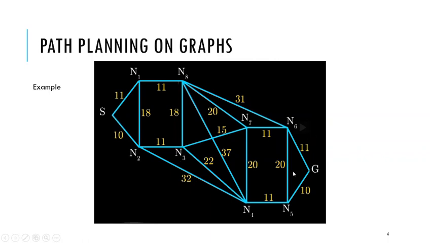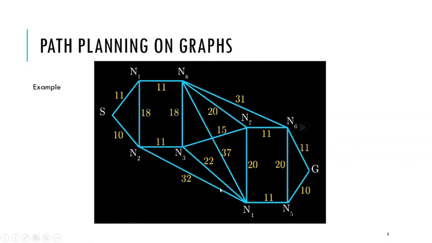So the weight is the cost of an edge. Whatever is written there is the weight, the cost of this edge. The cost of an edge is associated with what it costs the robot to move along that edge. So what does this mean? If your robot is moving on this edge, it has some cost of 11 that it has to pay for taking this path.